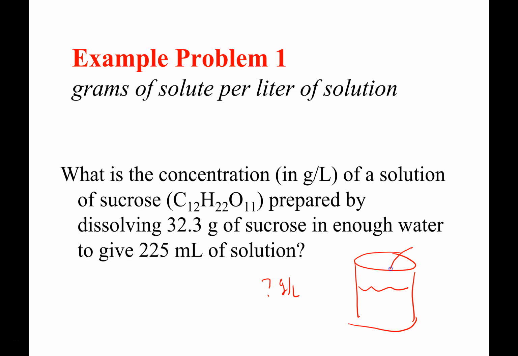And it says what we did was add 32.3 grams of sucrose, and the total volume of the solution was 225 milliliters. So all you're going to see me do to get grams per liter is basically take those grams, divide by those milliliters, and then remember you need to convert the milliliters to liters. That's all I'm going to do.